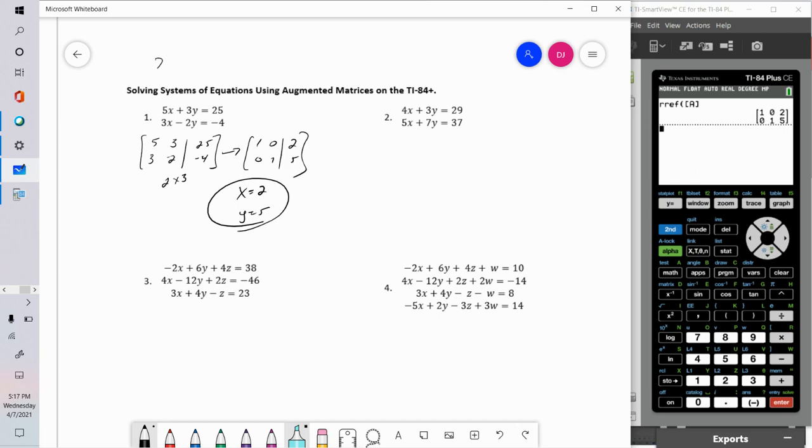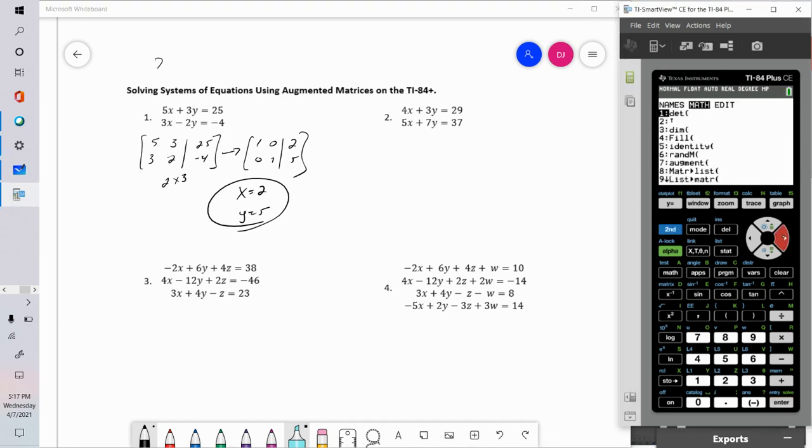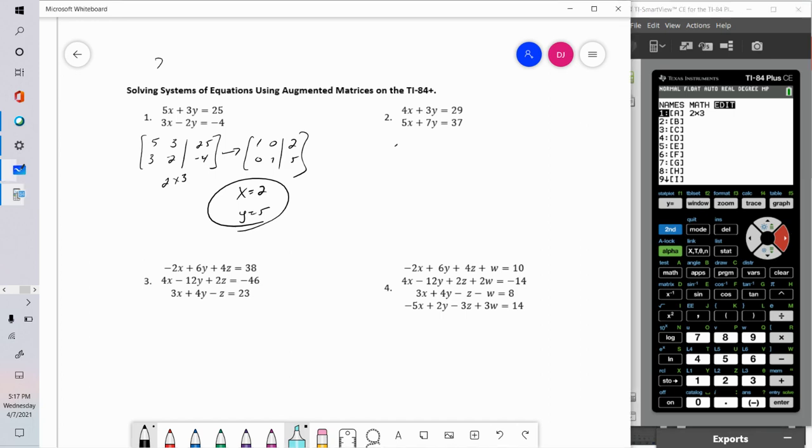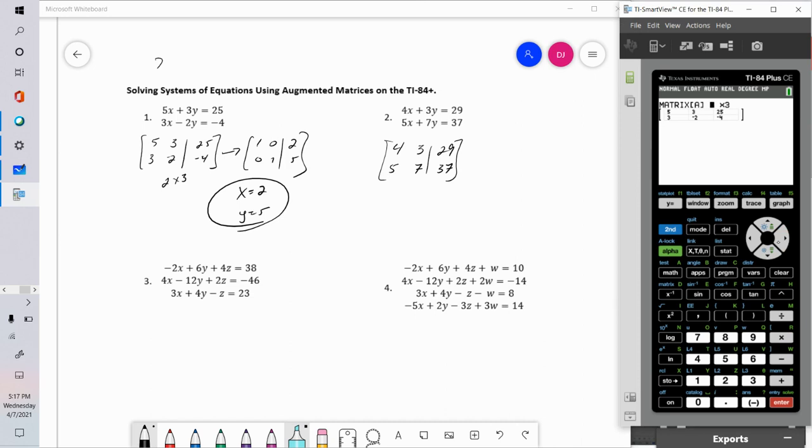But what about for number 2? Second matrix, Edit. The augmented matrix again is 4, 3, 29, 5, 7, 37. Notice it is also a 2 by 3 matrix.